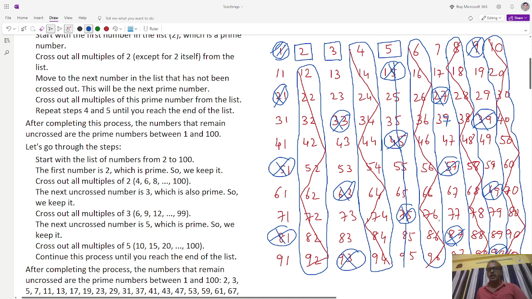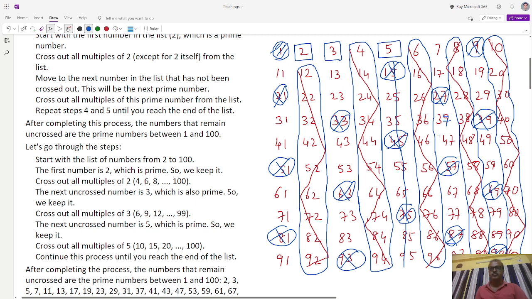Okay. And also the multiples of 5 with unit digit 0 are to be crossed out. These are already crossed out because they are even numbers. Okay.